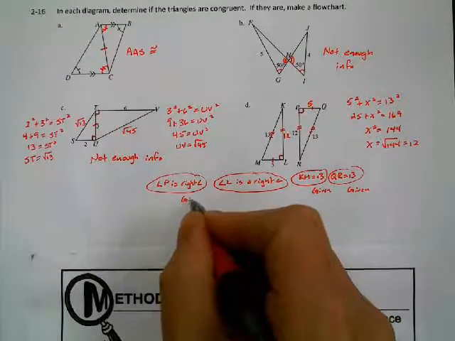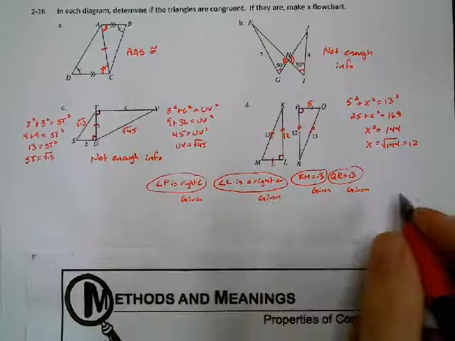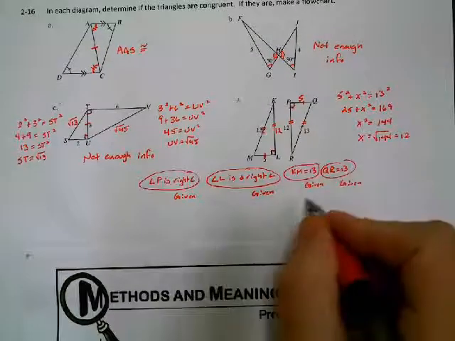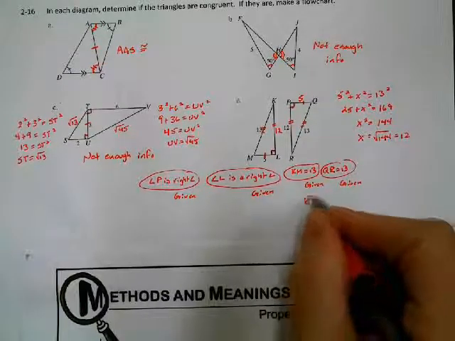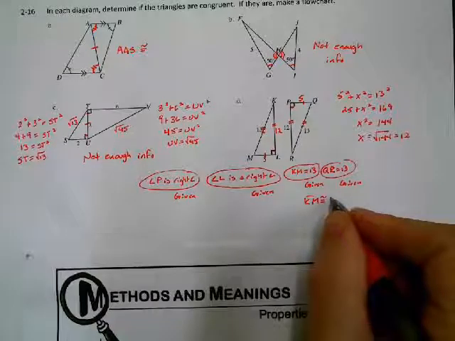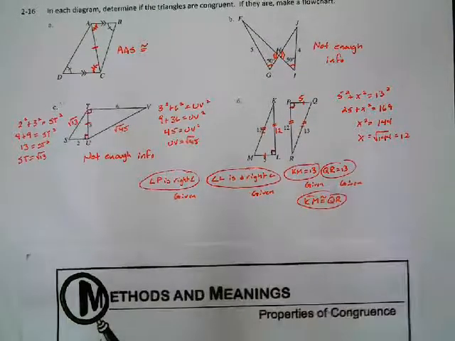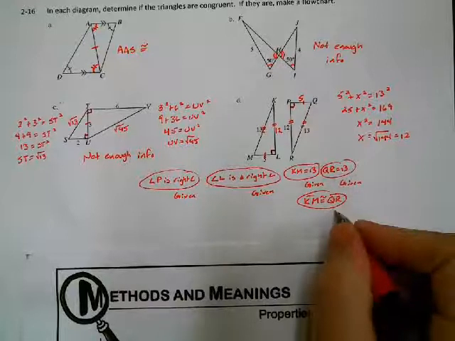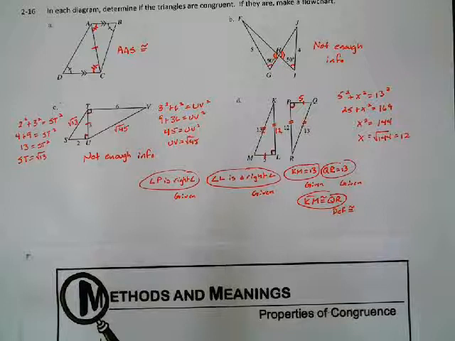All right, because these two have the same measurement, that means they're congruent. So KM is congruent to QR. Okay, and we know that because of the definition of congruence. Not a lot of room on this to do all this. That's okay. So this statement and this statement create that one.